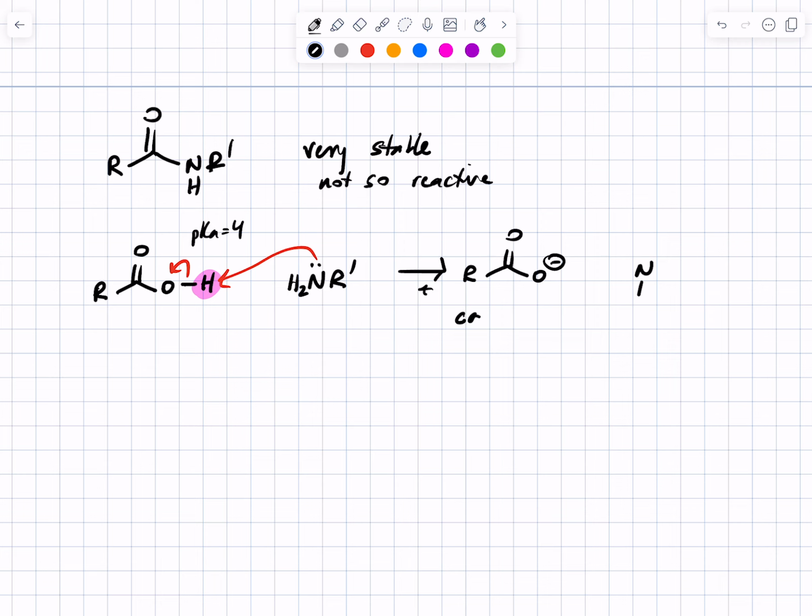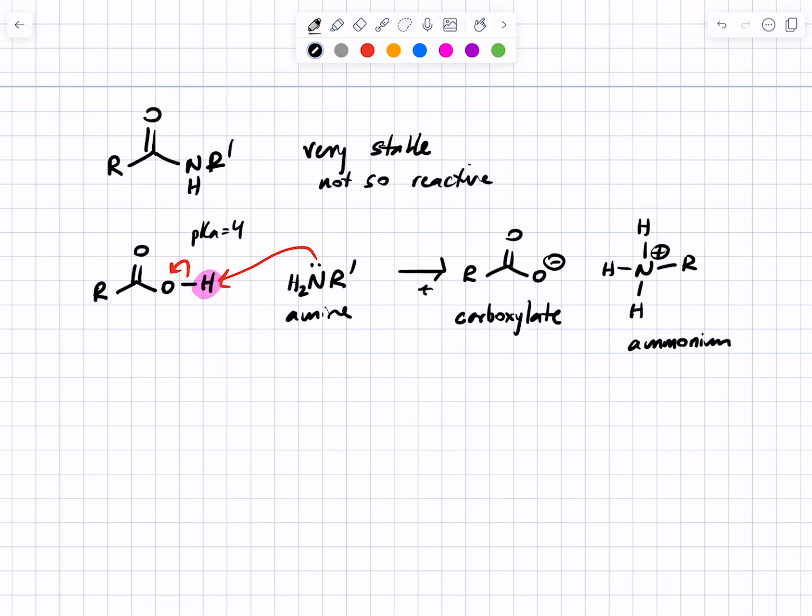The carboxylic acid becomes the carboxylate. The amine becomes the ammonium. Ammonium is the word we use for a nitrogen attached to 4 different things with a positively charged nitrogen. We call this the ammonium salt of the carboxylic acid, and you're sort of stuck there.